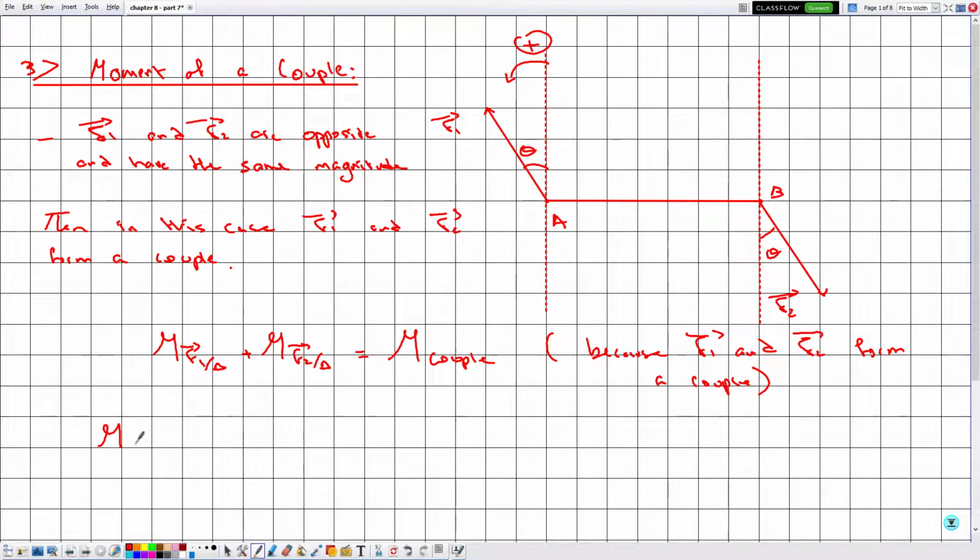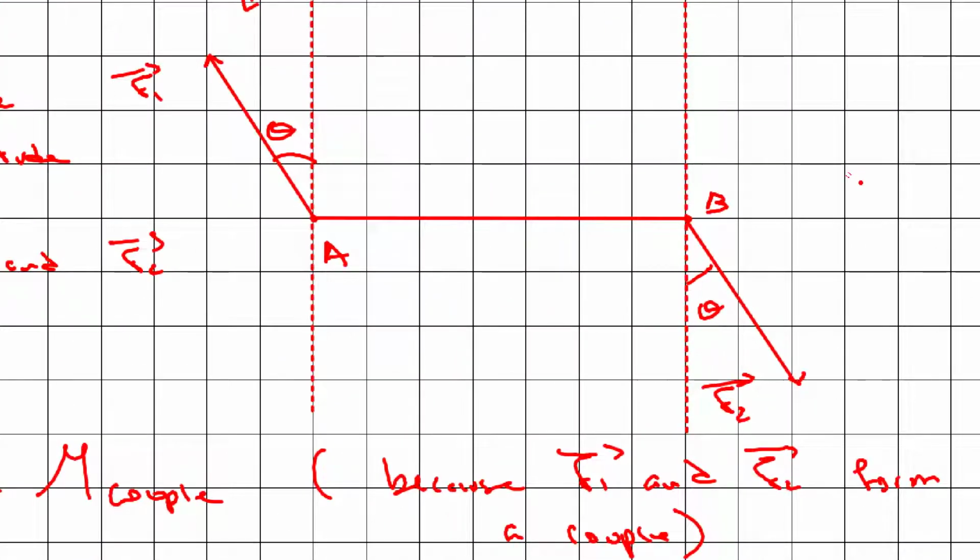So the moment of the couple in this case is simply given by the magnitude of either F1 or F2.